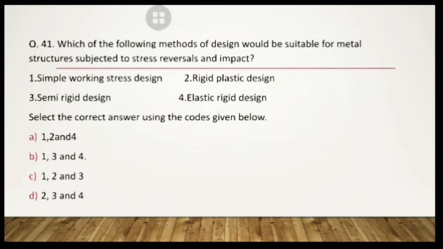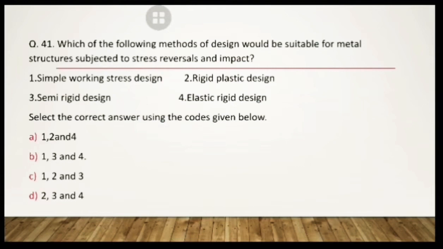Next question. Which of the following methods of design should be suitable for a metal structure subjected to reversal of stress and impact? What are the statements given? Simple working stress design, option 2 rigid plastic design, option 3 semi rigid design, option 4 elastic rigid design.